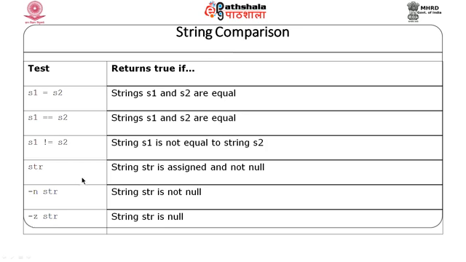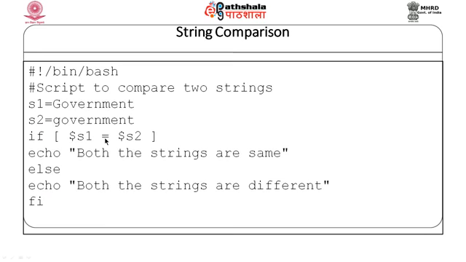Let us see a program in which we will implement all these cases. Let us consider there are two strings, one is Government, the other is government. The difference is the first character. S1 stores Government where G is in uppercase, S2 stores government where G is in lowercase, and we can check whether the strings are equal or not.